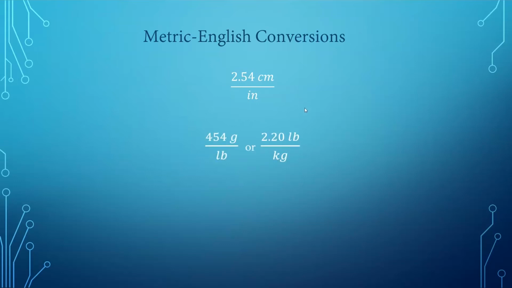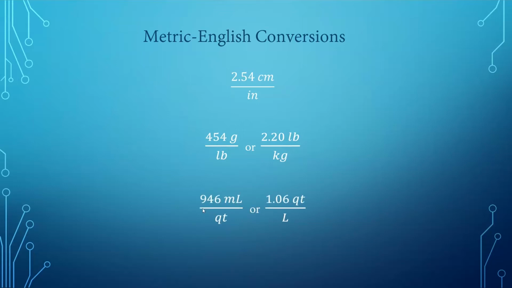The same thing is true with weights and masses. There's two that are commonly used, either 454 grams per pound or 2.2 pounds per kilogram. You don't need both of those. If you happen to know both, that's fine, but either one of those will be sufficient.